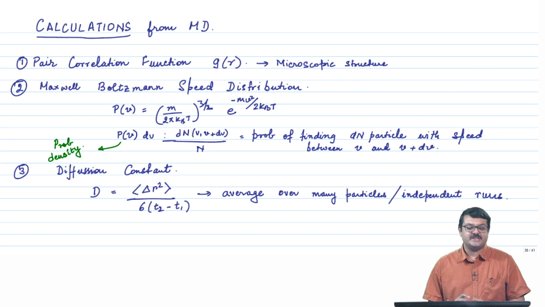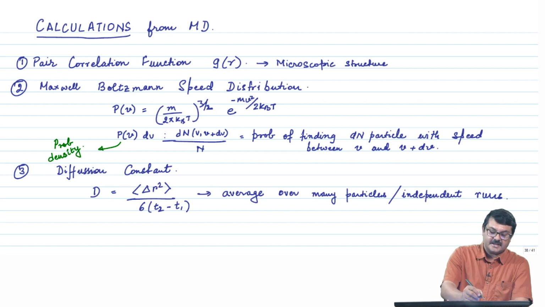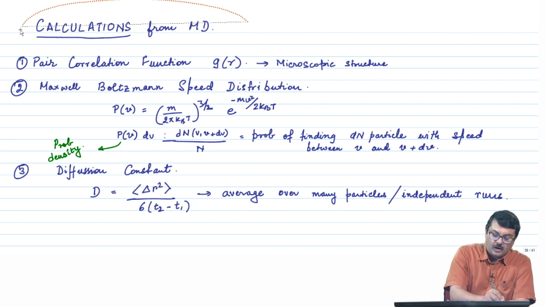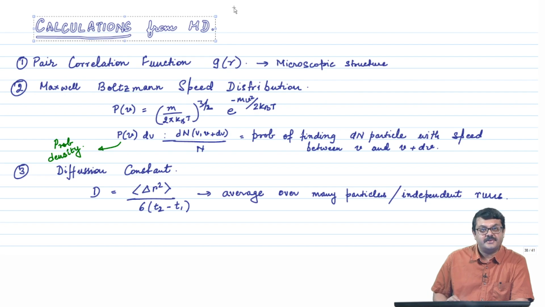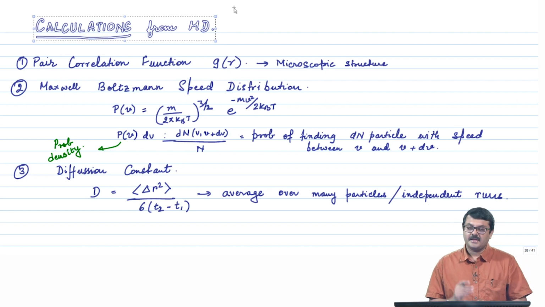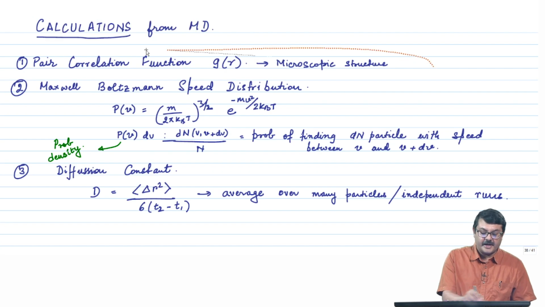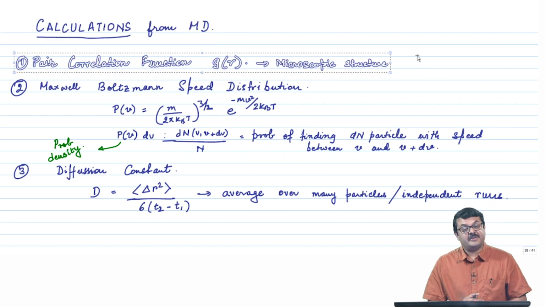In today's class, we shall discuss how to calculate 3 statistical quantities just as an example. In that, you will calculate the pair correlation function, which essentially gives you information about the microscopic structure of the particles, right. And basically the Fourier transform of the pair correlation function is the structure factor.